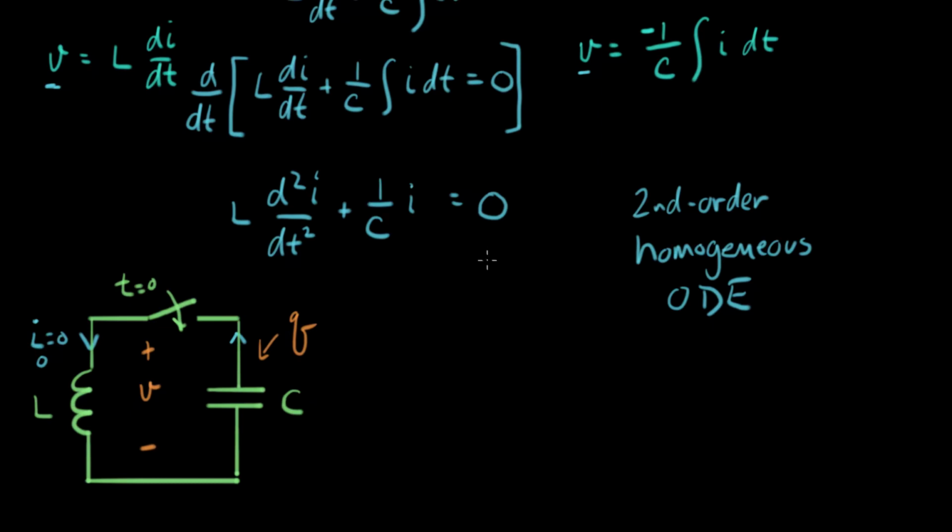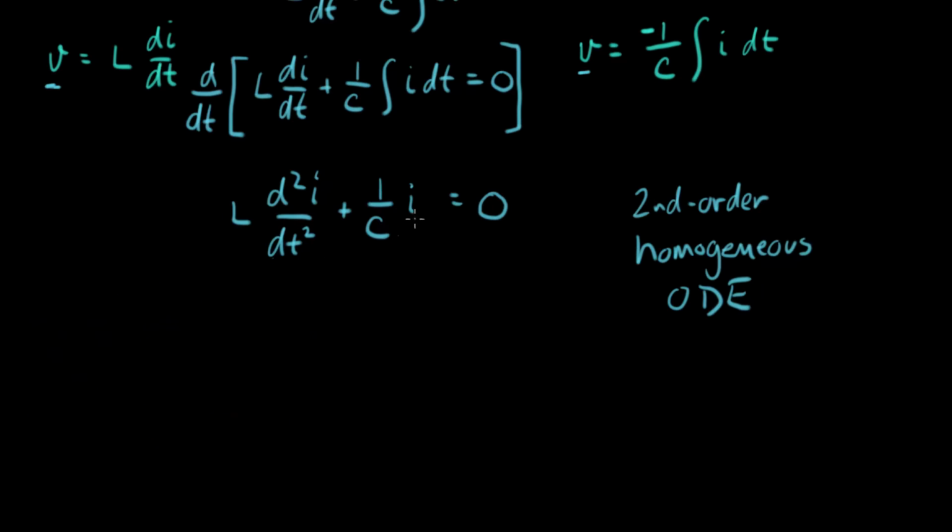So, knowing what I know about derivatives, and looking at this equation, can I guess at a plausible solution? What we have here is two terms that have to add up to 0 for all time. Whatever function I pick for I, and there's some scaling factors here, let me write this equation like this.